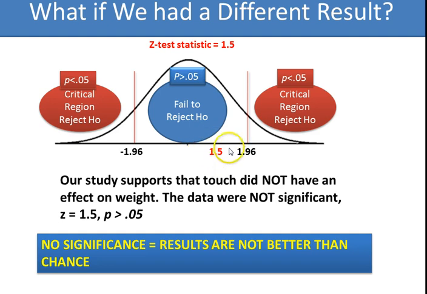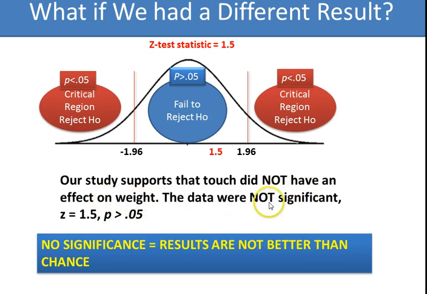When the test statistic falls in the high probability area, probabilities higher than the alpha, then the correct decision is to fail to reject H0. We wouldn't reject it. In other words, we'd hold on to it. And H0, remember, is the null hypothesis that states there is no effect. Therefore, by failing to reject it, the interpretation would be that our study supports that touch did not have an effect on weight.